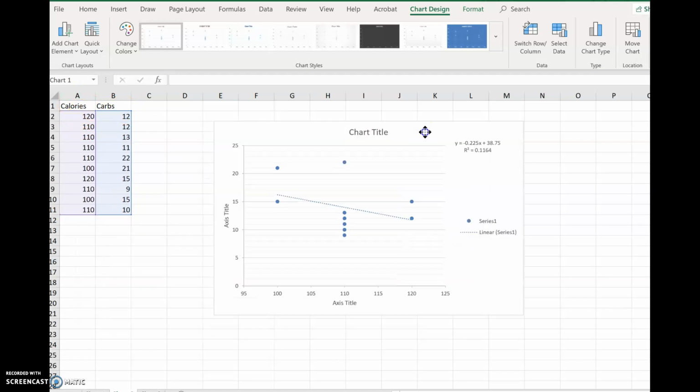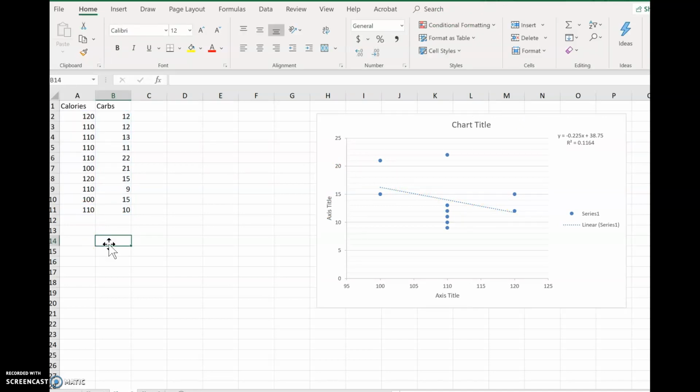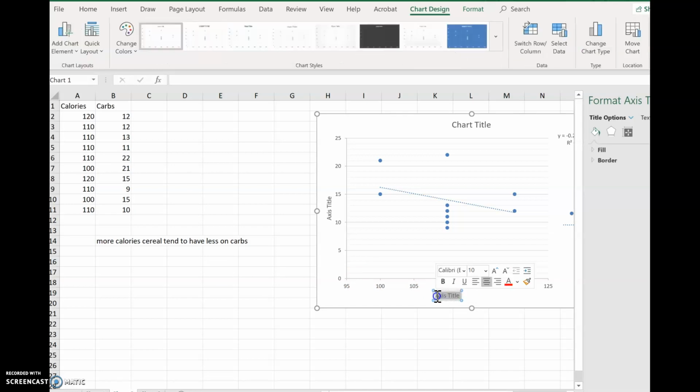Based on the graph I have, because of the trend here, I can conclude that cereals with more calories tend to have fewer carbs. I'll probably change the titles to match the data.